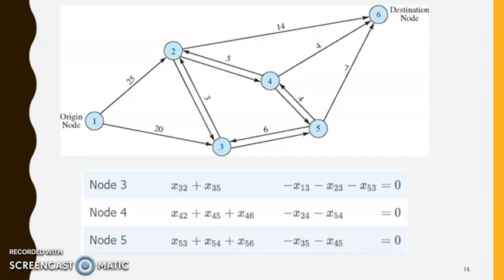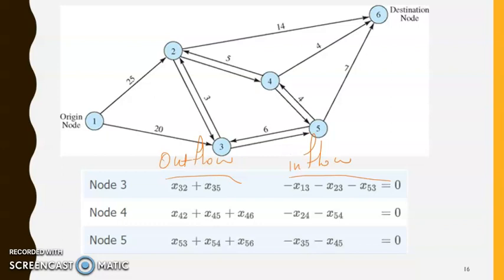As you can see, from 3 we get to 5 and we get to 2. They are outflow. And on the other side, we have the inflow, that is x13, x23, and x53, that is inflow, and these two things must be the same.